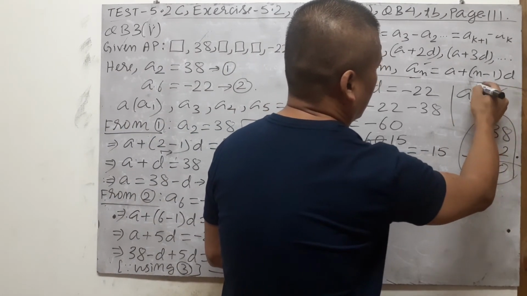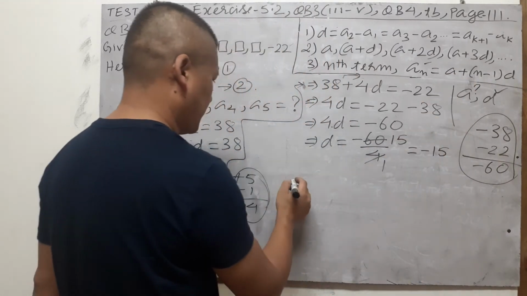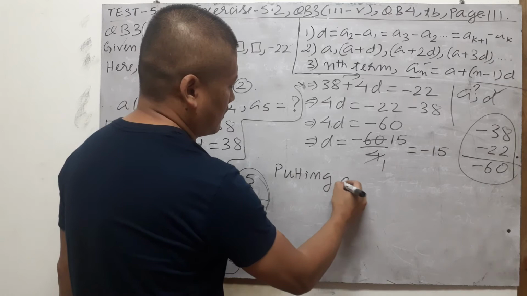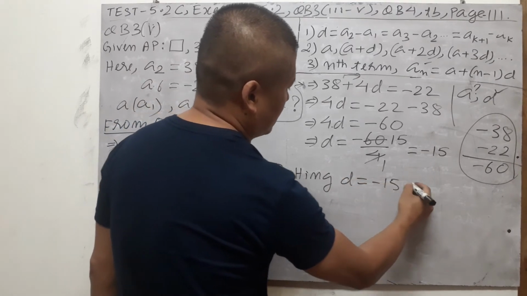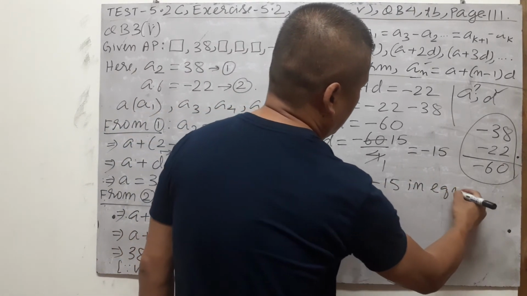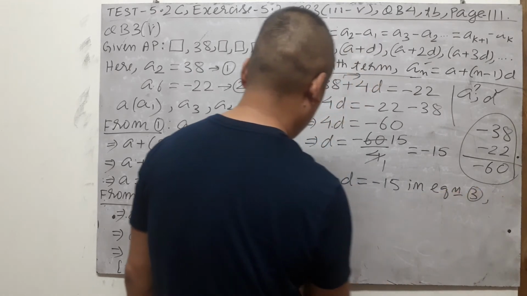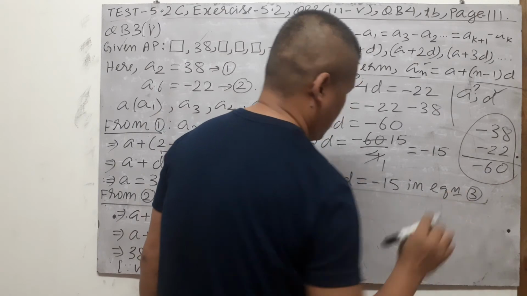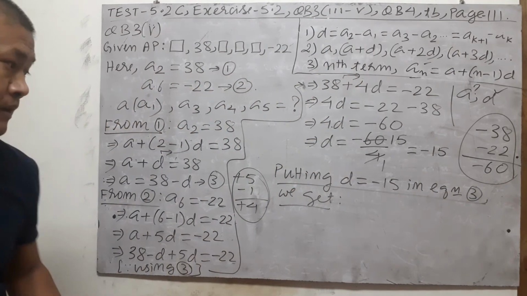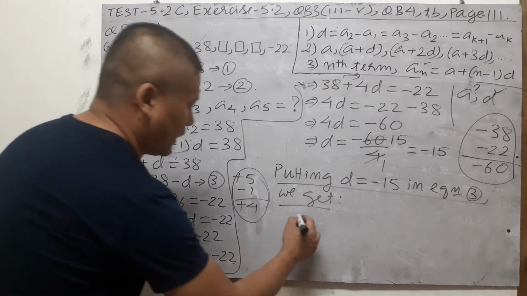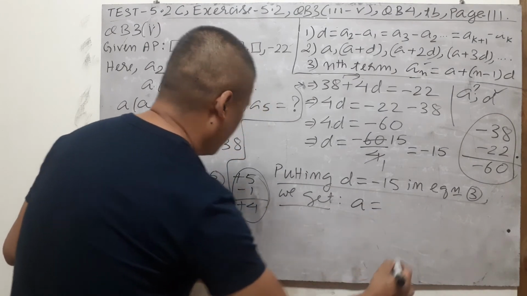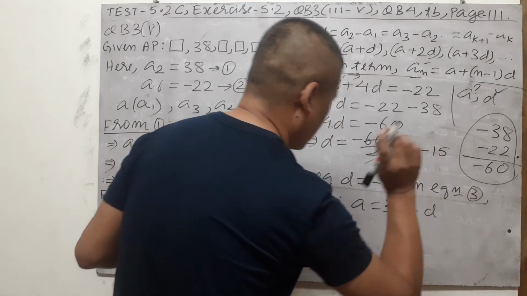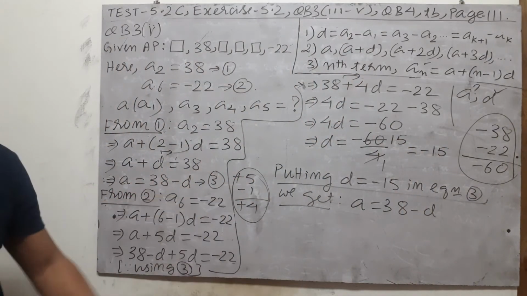We need a. So this a you can easily get by putting this d value equal to minus 15 in equation 3. Then I think we will get a. Let's check. Equation 3 is already perfectly arranged to find a. A equal to 38 minus d. So just write equation 3 as it is once.